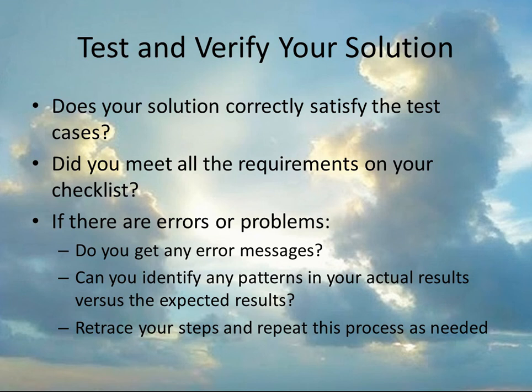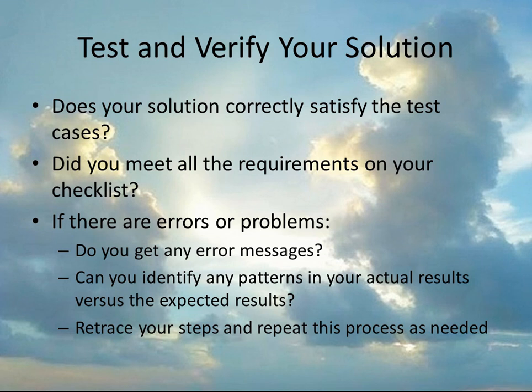Okay, so if you have errors or you see problems, and this is particularly obvious when you try to run the code on the computer, first of all, look to see if you get any error messages. A lot of times those will help you figure out where the problem went wrong. If you're not having any luck with the error messages, or if you don't get any error messages but the input and the output were incorrect, then figure out, do you see any patterns in your actual results versus the expected results?